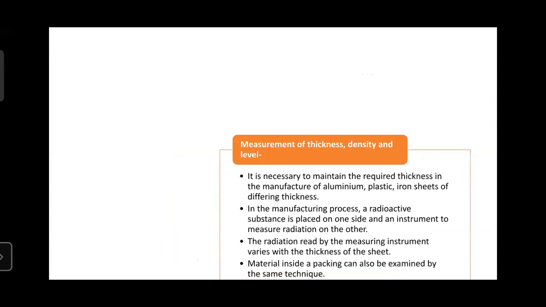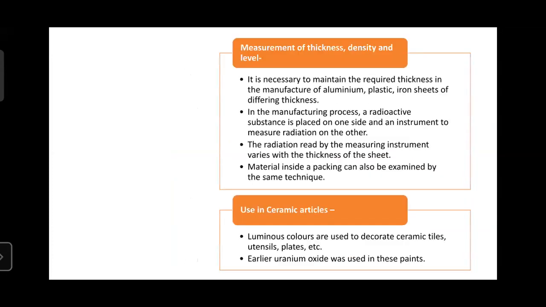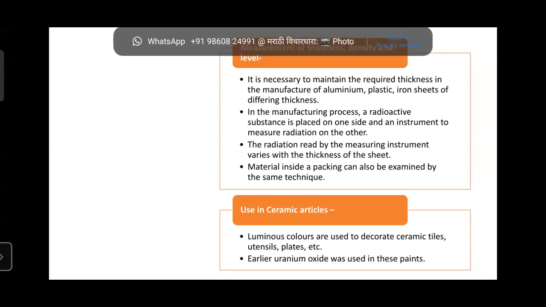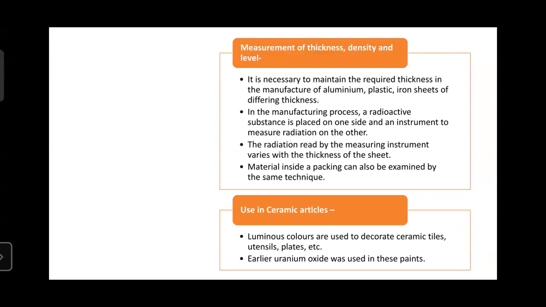Now, in measuring the thickness, density, and level, it is necessary to maintain the required thickness of a particular metal or plastic. In the manufacturing process, the radioactive substance is placed on one side of that object, and the instrument which measures the thickness, level, and density is kept on the other side. The radioactivity is detected, and the measuring instrument analyzes the thickness of that material.